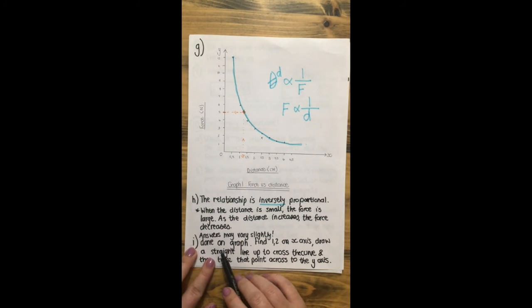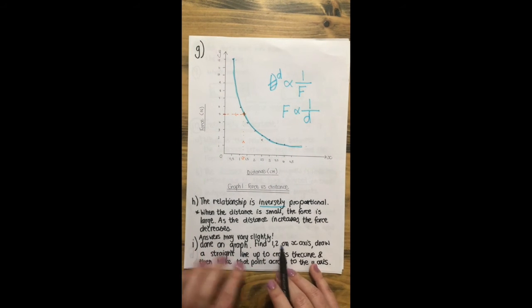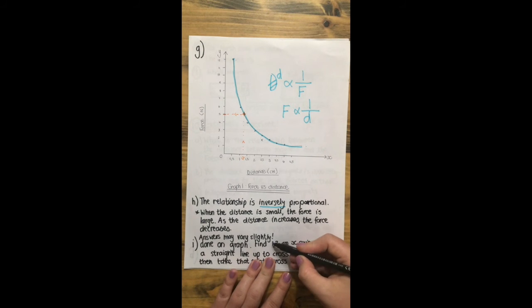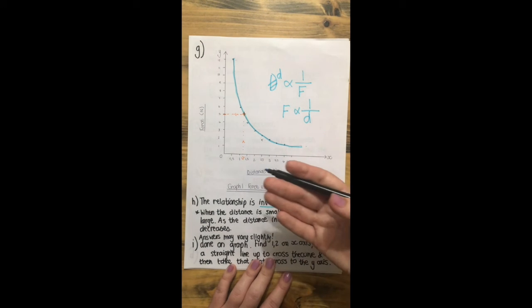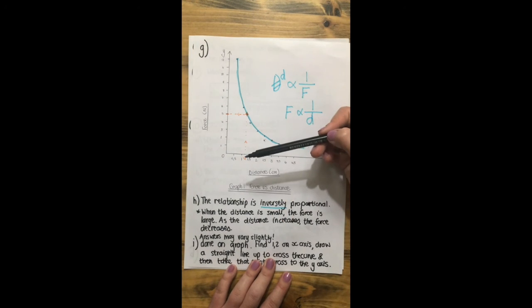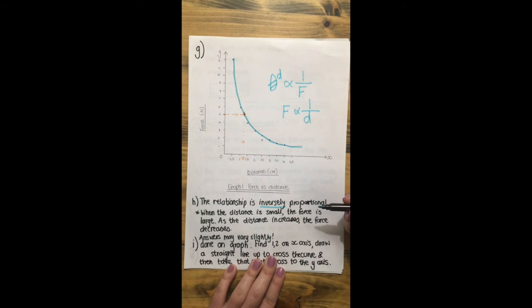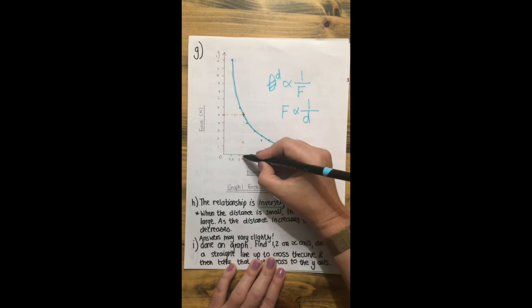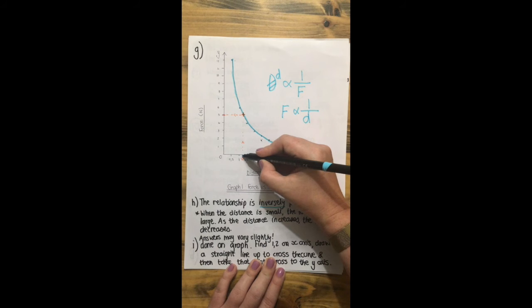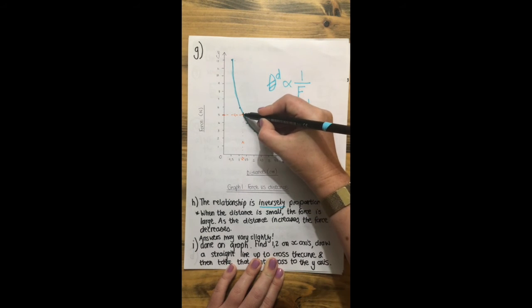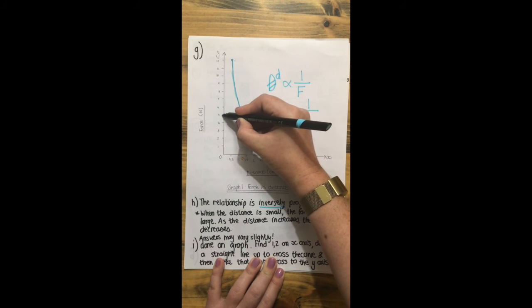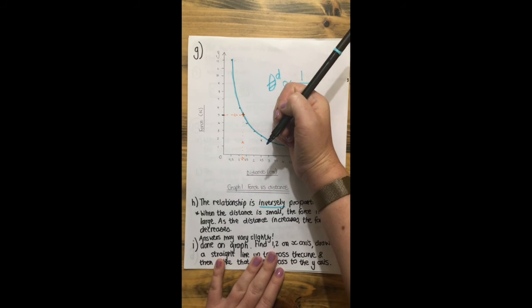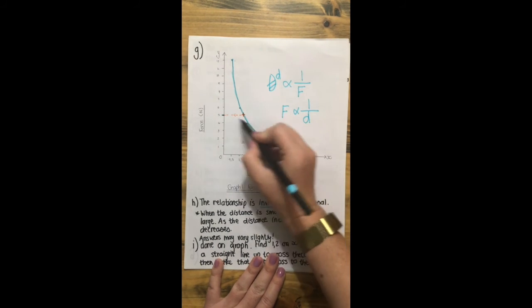Right, for I, this is done on the graph. You have to find 1.2. They ask, what would the expected force be when the distance between the magnets is 1.2? Find 1.2 on your graph. Read it up until it hits the curve, read it across, and it should be somewhere around 5. I did draw this to scale.